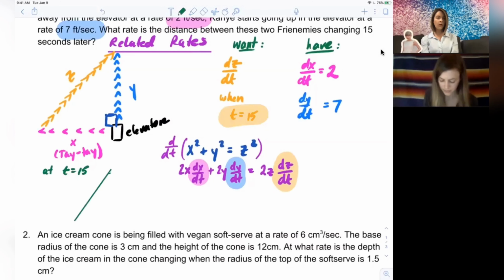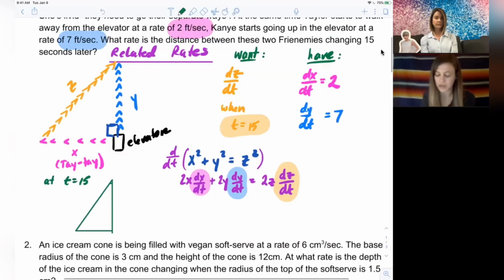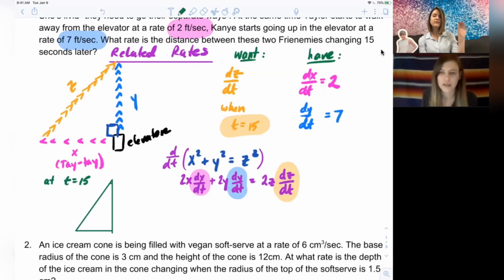Well, she's walking away at a rate of 2 feet per second, and we're going 15 seconds. So 15 times 2. So she has gone 30 feet.